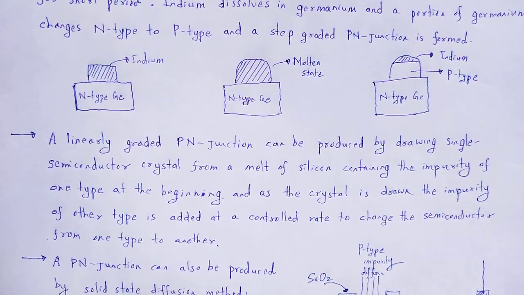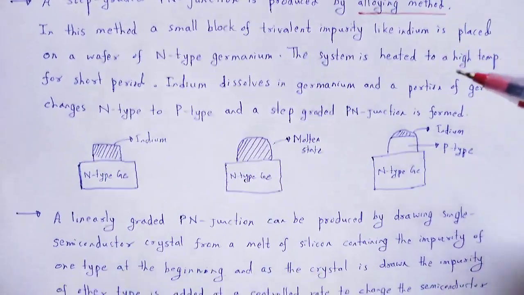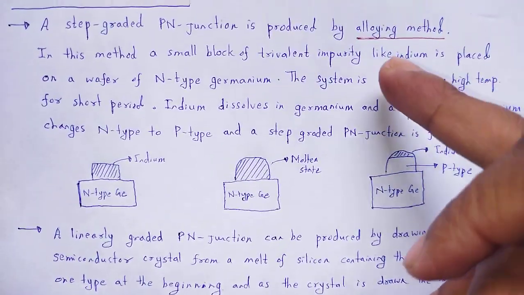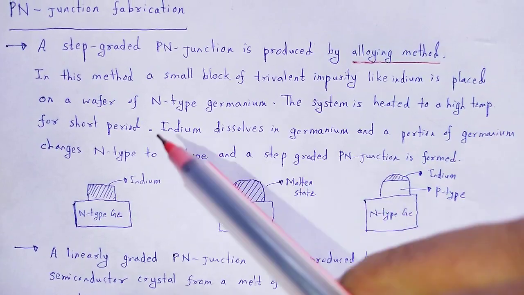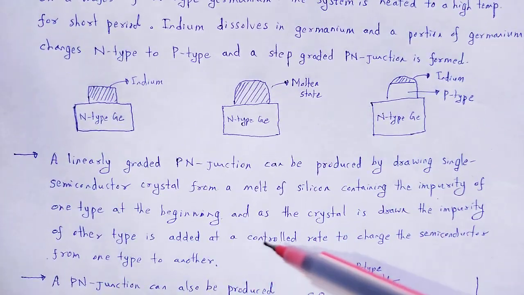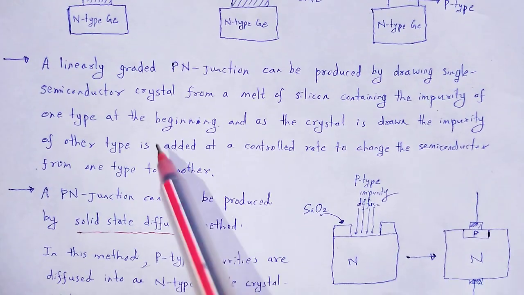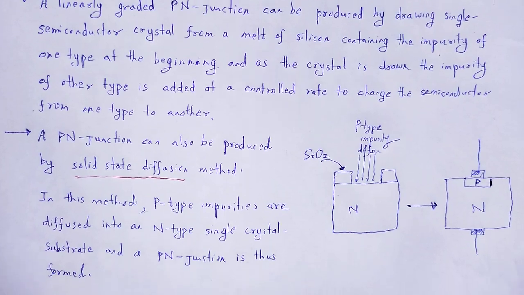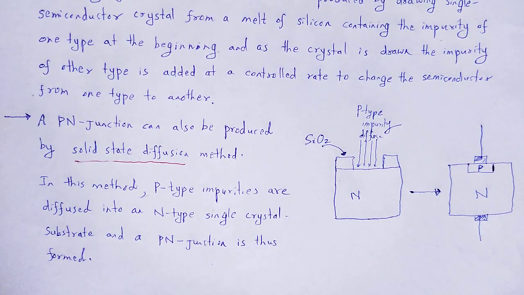Here we discuss two types of method, one is alloying method, another one is solid state diffusion method. In alloying method, a step graded p-n junction is fabricated, and in case of solid state diffusion, a linearly graded p-n junction is fabricated. This is the fabrication of p-n junction.